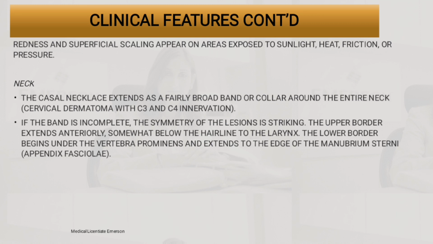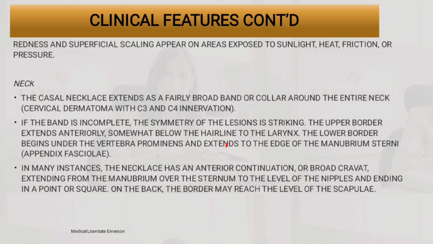Then if the band is incomplete, the symmetry of the regions is still striking, and the upper border extends anteriorly somewhat below the hairline to the larynx. Then the lower border begins under the vertebral prominence and extends to the edge of the manubrium sterni.